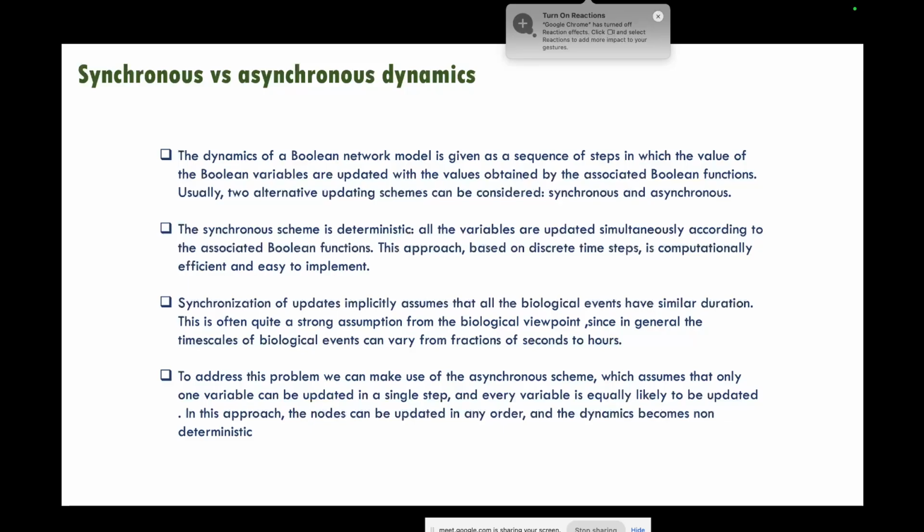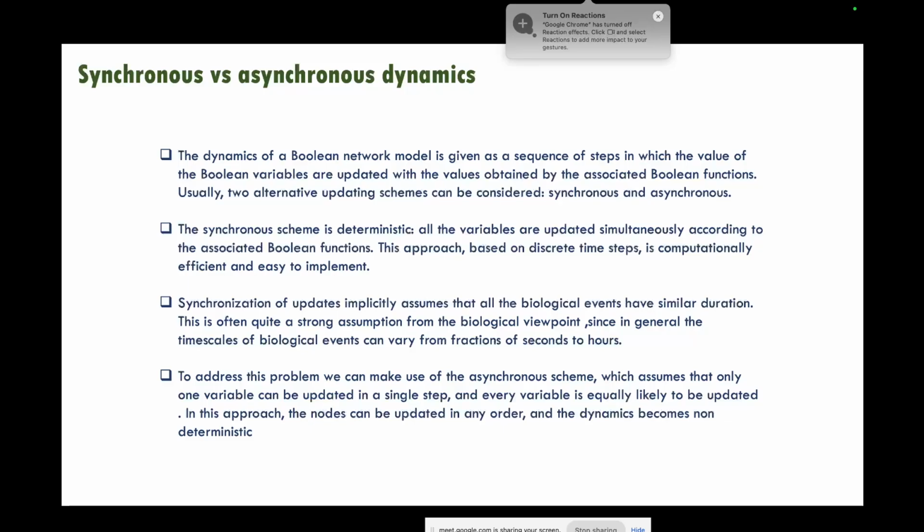Synchronization of updates implicitly assumes that all biological events have a similar duration.